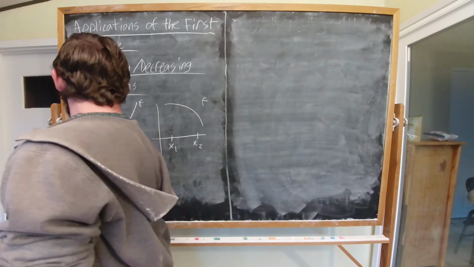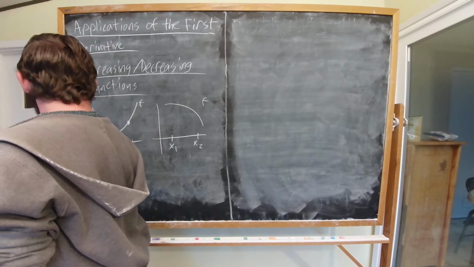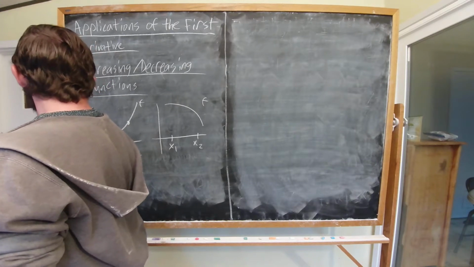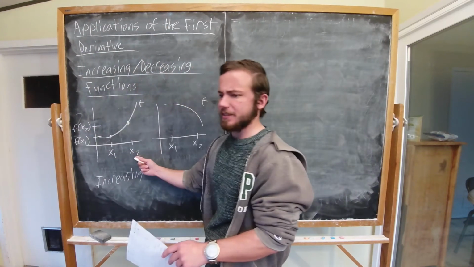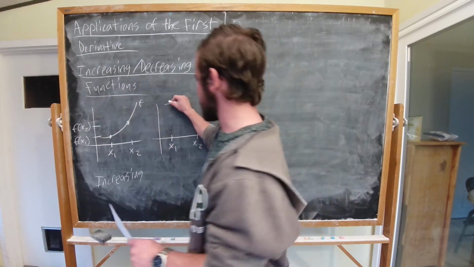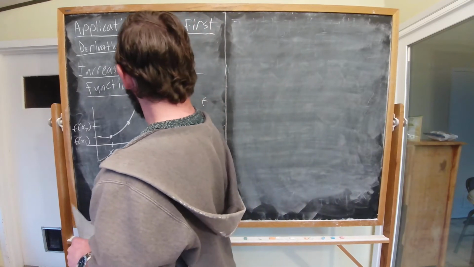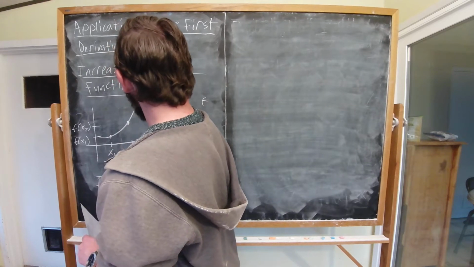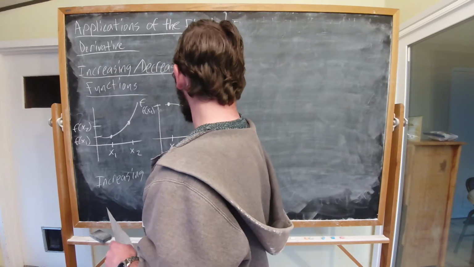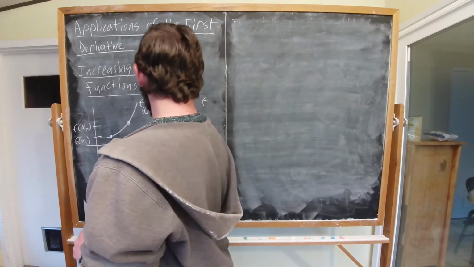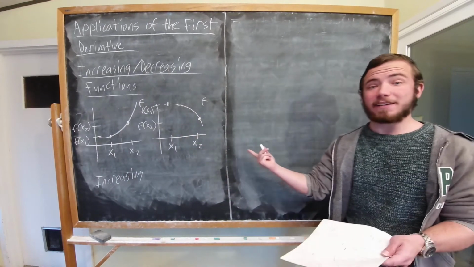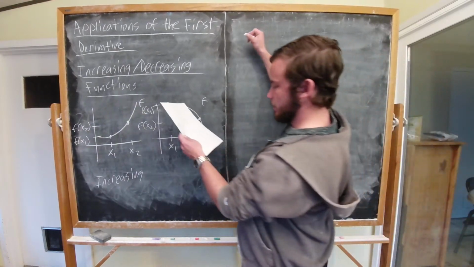For the increasing one, f of x1 is less than f of x2 when x1 is less than x2. And over here for the decreasing one, when x1 is less than x2, f of x1 is greater than f of x2. And that's going to be precisely our definition for increasing and decreasing functions.